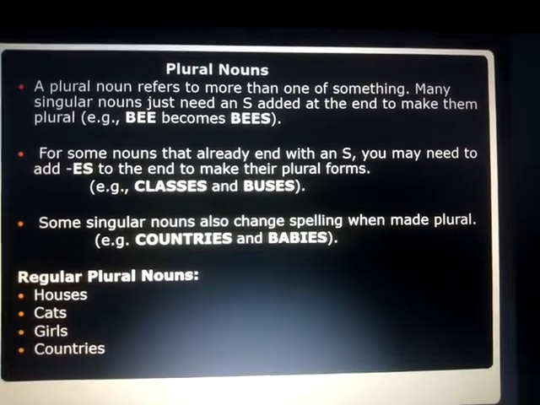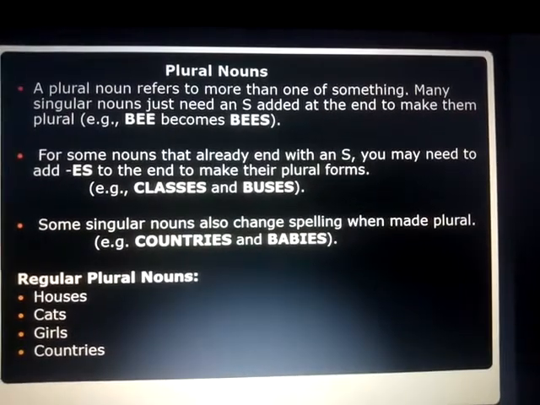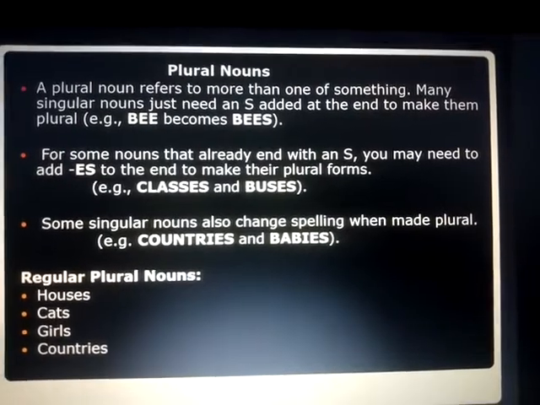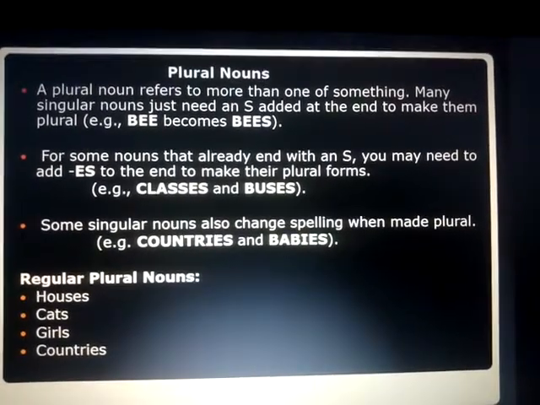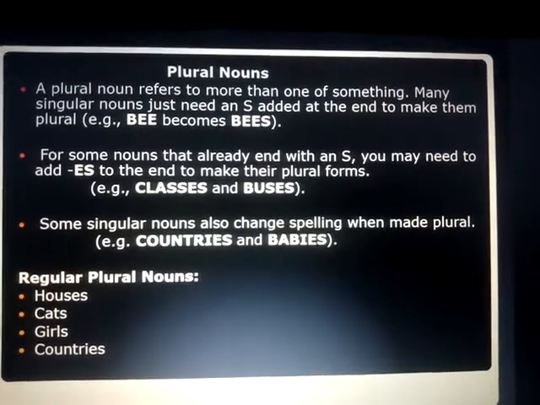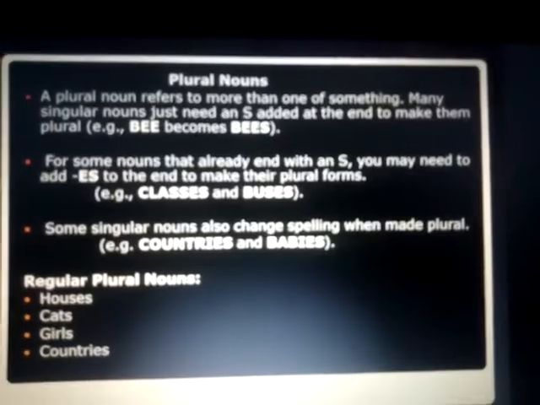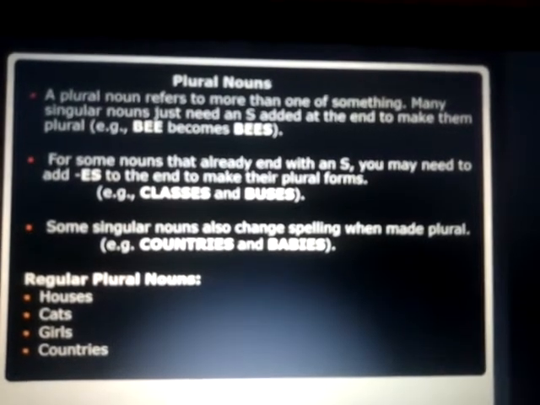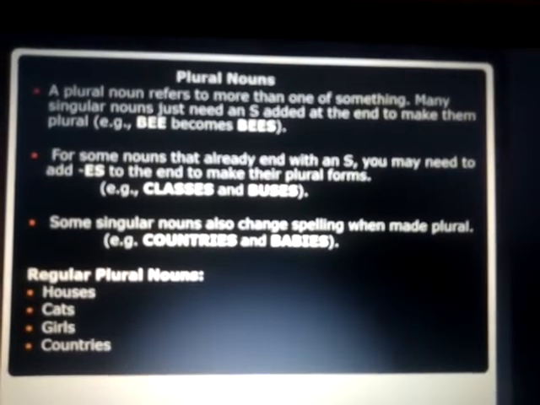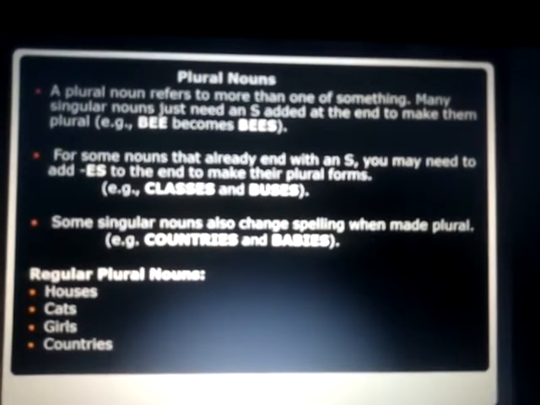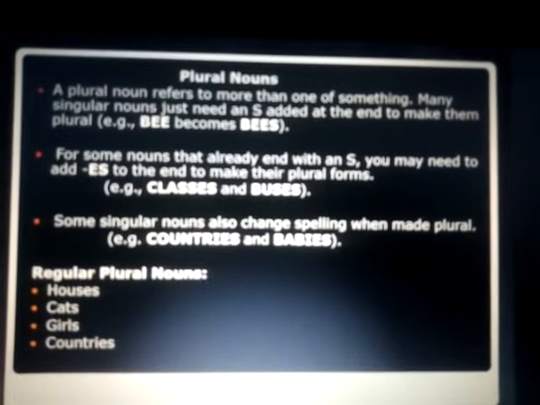Example: bee. You add s, it becomes what? Bees. For some nouns that already end with an s, you may need to add es at the end to make their plural forms.